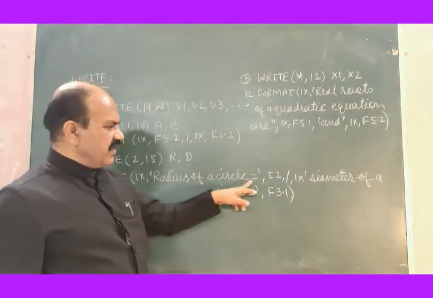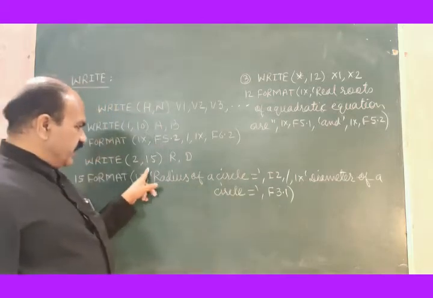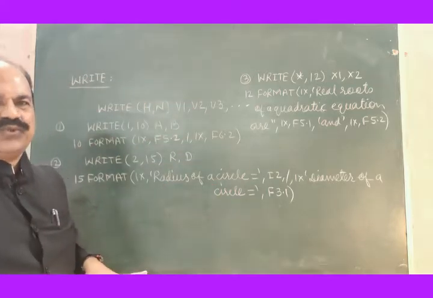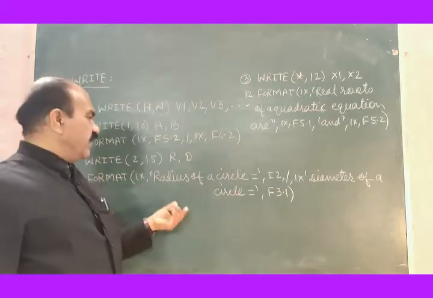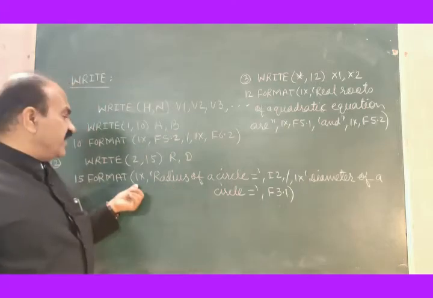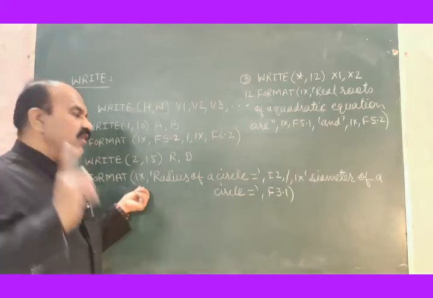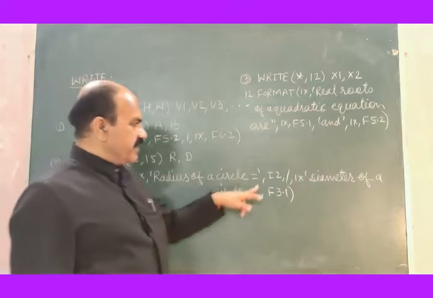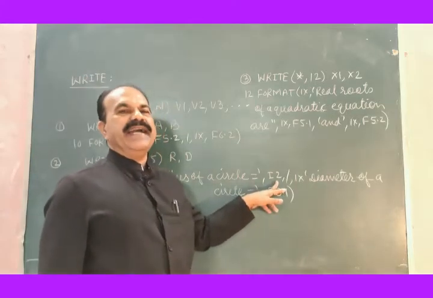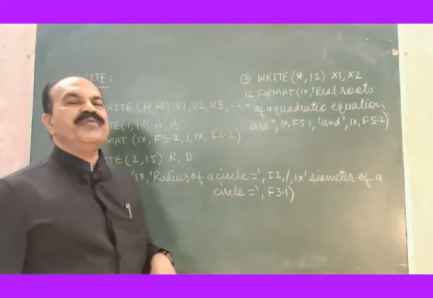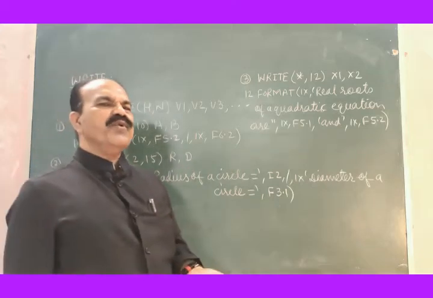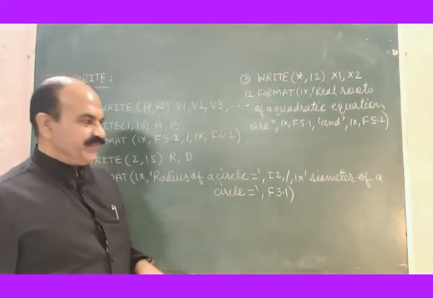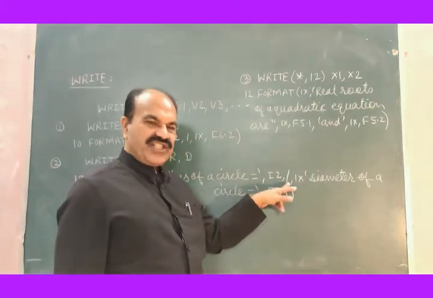Radius of a circle is equal to, whatever there in the single quotes will be printed as it is in the output according to quote format, and therefore what is printed on the first line after skipping one column, radius of a circle is equal to, R is printed with this format I2. The radius is supposed to be integer here and at the most it is 2-digit long integer.